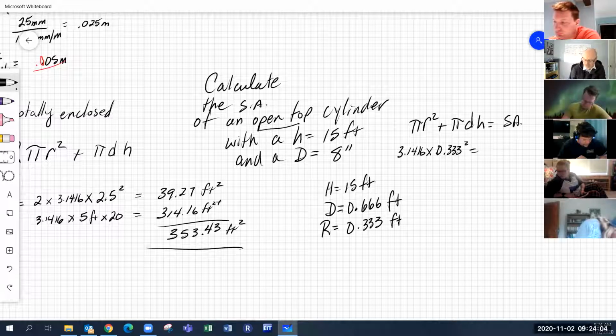That is the area of the bottom. And now for my shell.